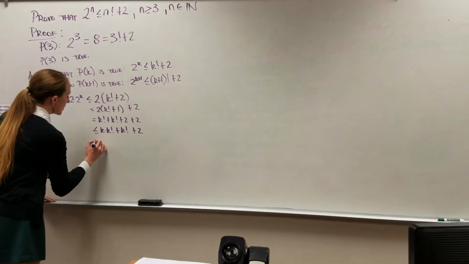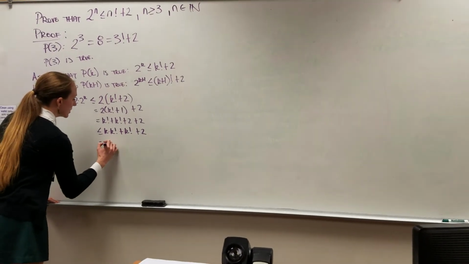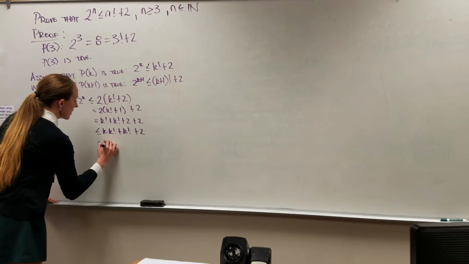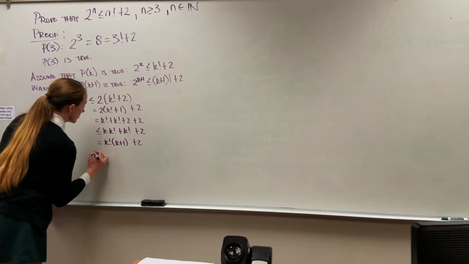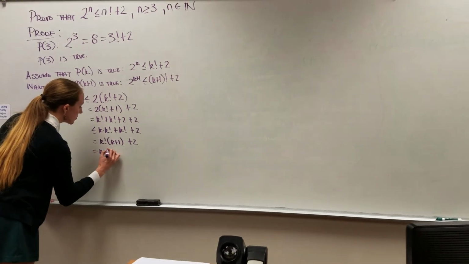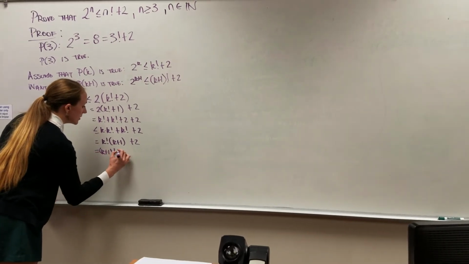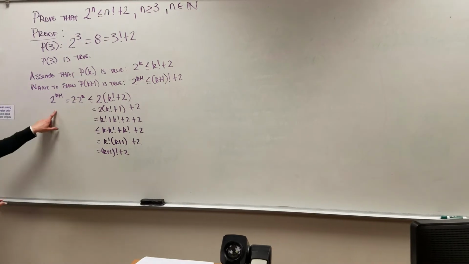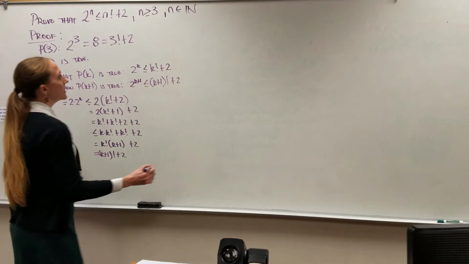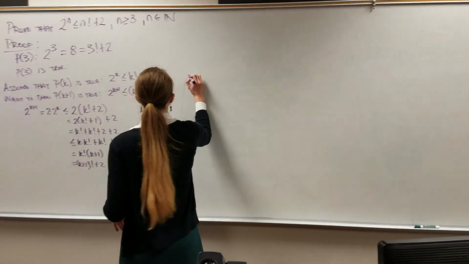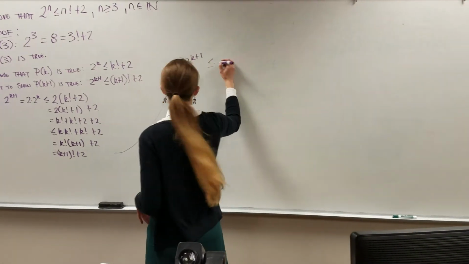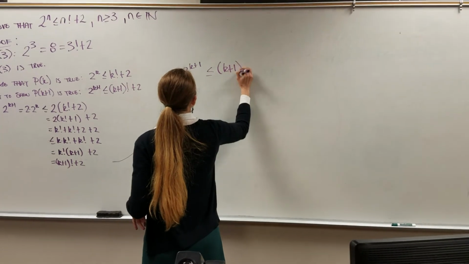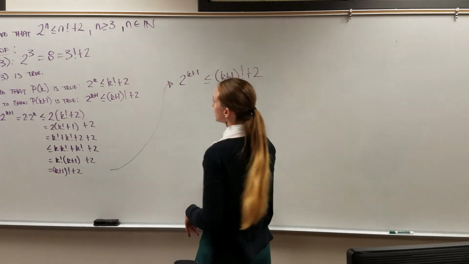Okay, so then if we do a little bit of factoring, we can say that this is k factorial times (k plus 1) plus 2, which we know is equal to k plus 1 factorial plus 2. Therefore, we have shown that 2 to the k plus 1 is less than or equal to k plus 1 factorial plus 2.